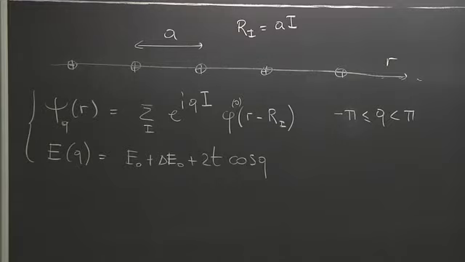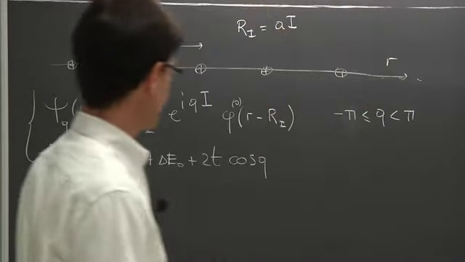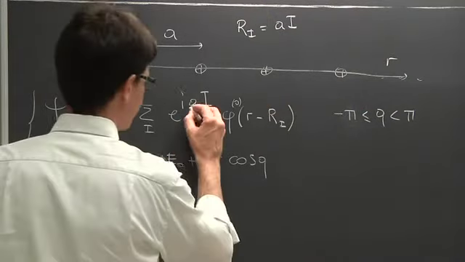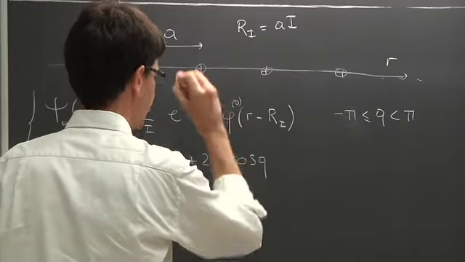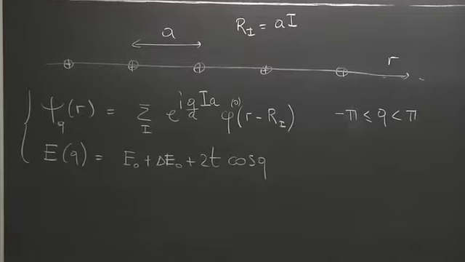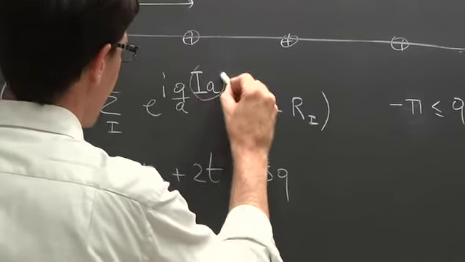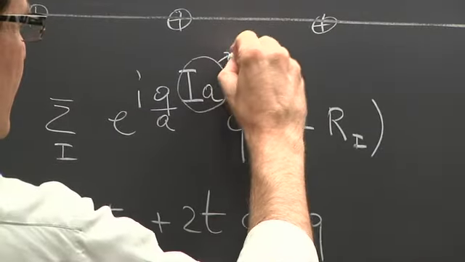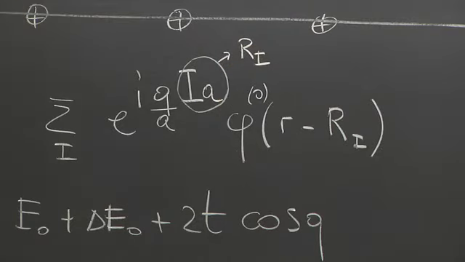Allow me now to make a slight change of variables, a very small one. What I'm going to do is divide this by A and multiply by A. I'm not changing anything, but what I'm extracting out is A times i, which is R_i, by definition.